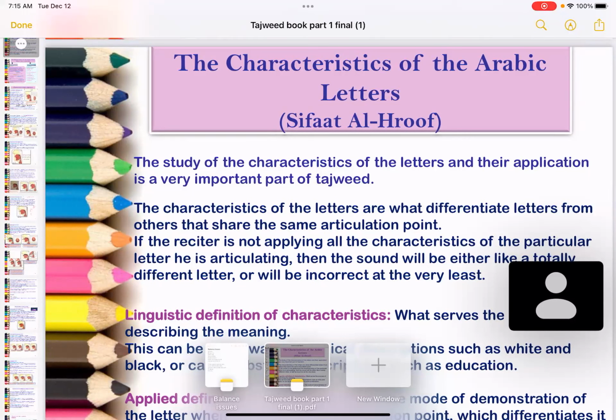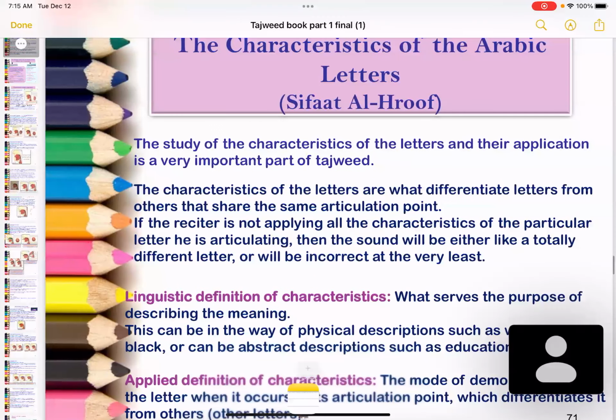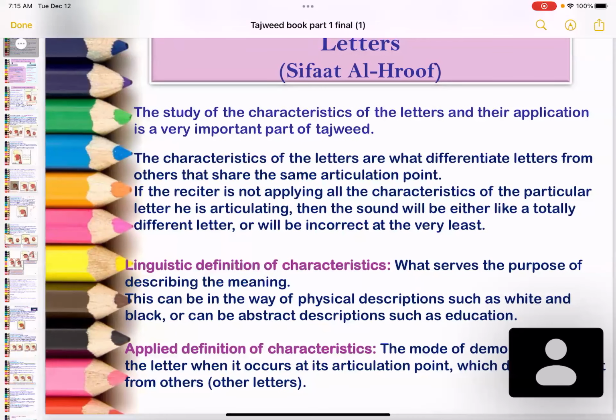The characteristics of the letters are what differentiate the letters from others that share the same articulation point. Sifat is the character of the letter. When you apply the sifat in your recitation, then you're giving the complete right, along with the proper makhraj.